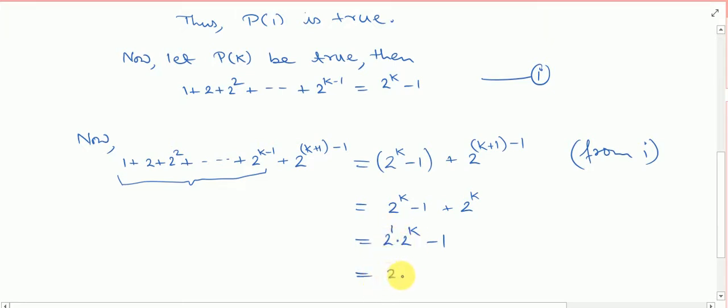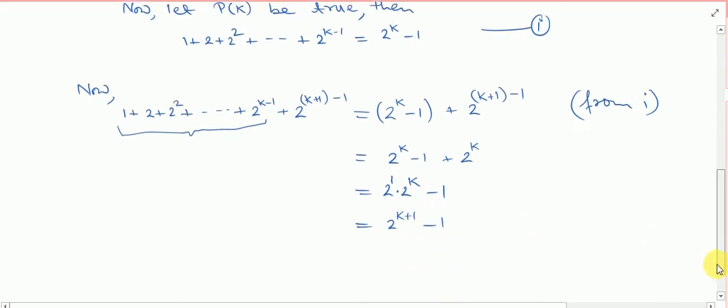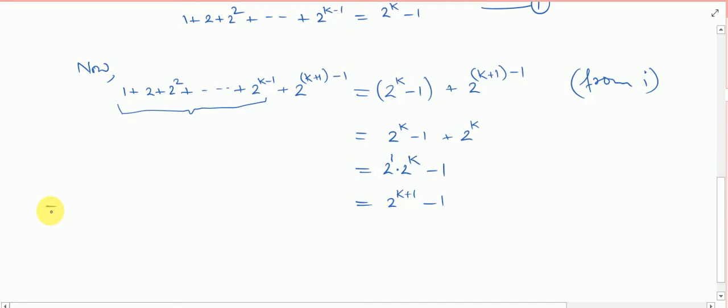So you get 2 to the power k plus 1 minus 1. Okay. So this implies 1 plus 2 square plus dash dash dash plus 2 to the power k minus 1 plus 2 to the power k plus 1 minus 1 is equal to this.